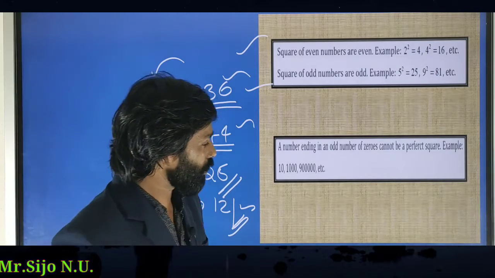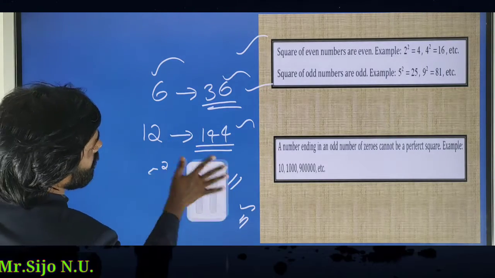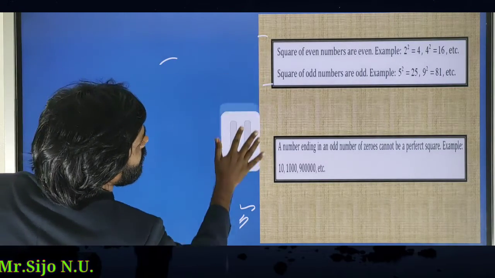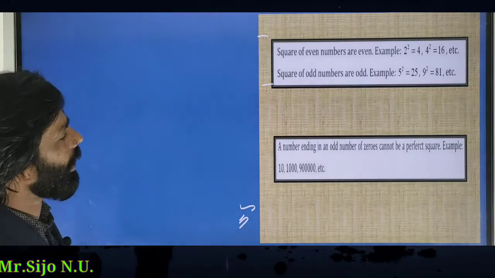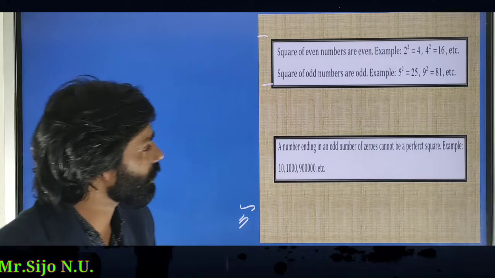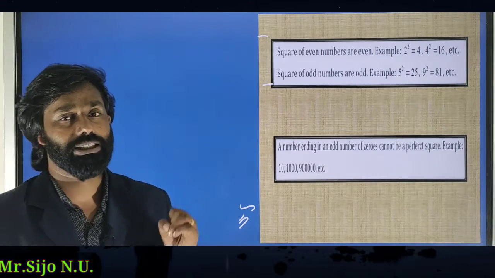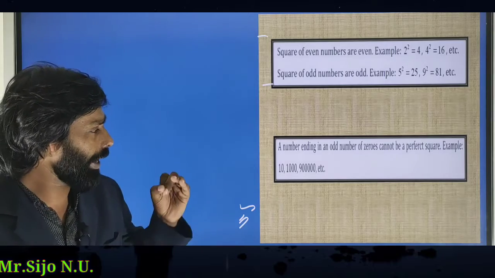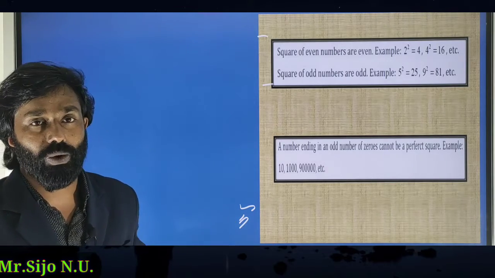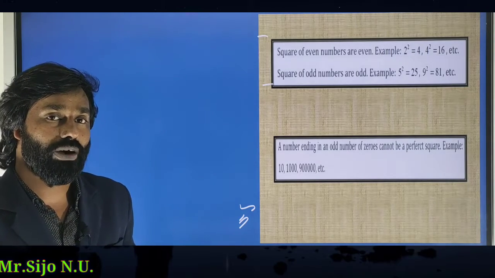Well, let us move to the next property. What does it say? Can you read that? The number ending in an odd number of zeros cannot become a perfect square. We already discussed that. If a number ends with the digit 0, for checking whether it is a perfect square or not, what we have to do?